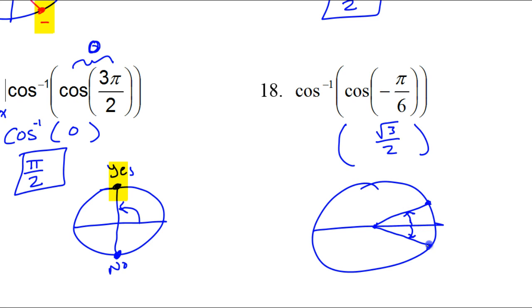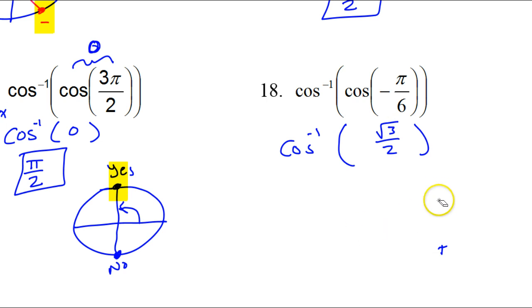And both of these have a positive cosine, because cosine is positive on the right hand side of the circle. So the cosine of negative pi over 6 is still positive radical 3 over 2. We're talking x values. So now we're going to do the inverse cosine of positive radical 3 over 2.